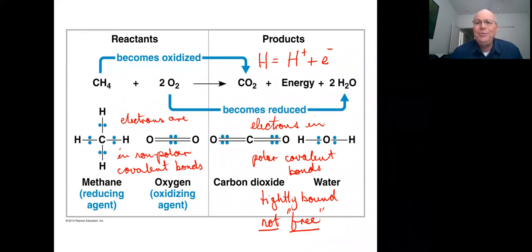And it's that transfer of that electron from a non-polar covalent bond to a polar covalent bond with its accompanying hydrogen ion, the equivalent of a hydrogen atom, that represents the transfer of the electron and therefore represents a redox reaction.